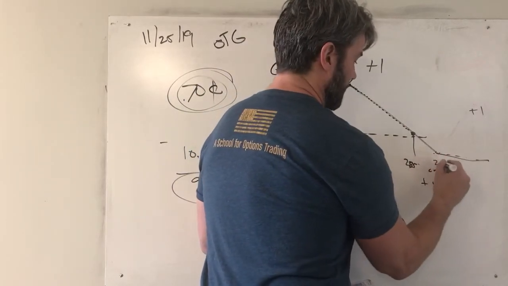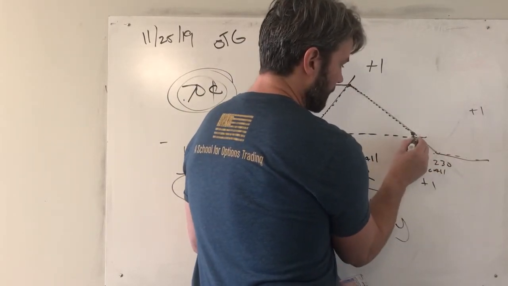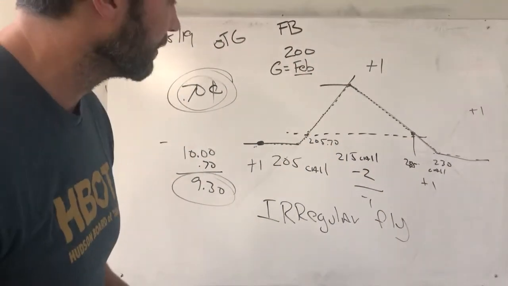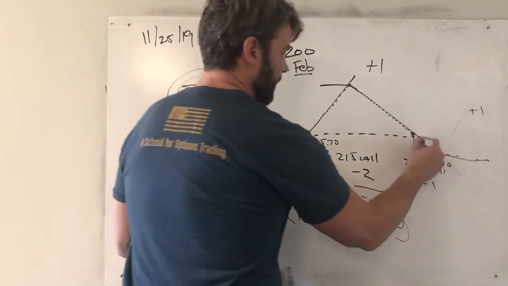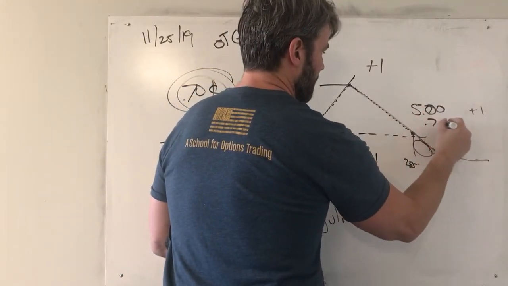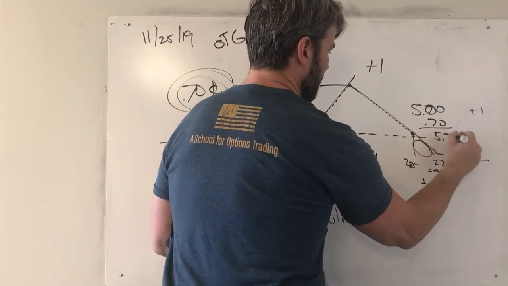I'm going to be down 70 cents. And then I've got $5 more I can lose if I'm really wrong. So the most I can lose on this trade is this $5 plus the 70 cents. So $5.70.